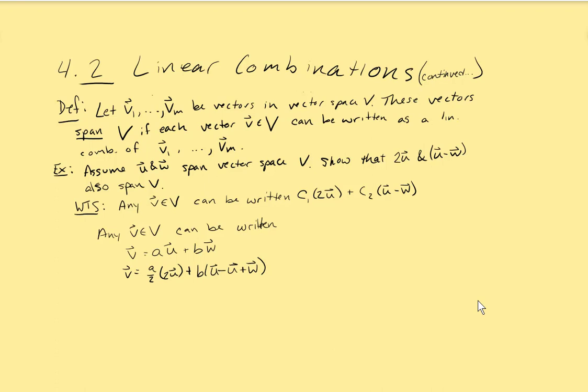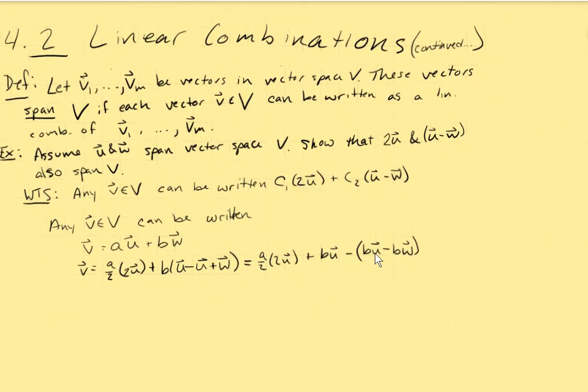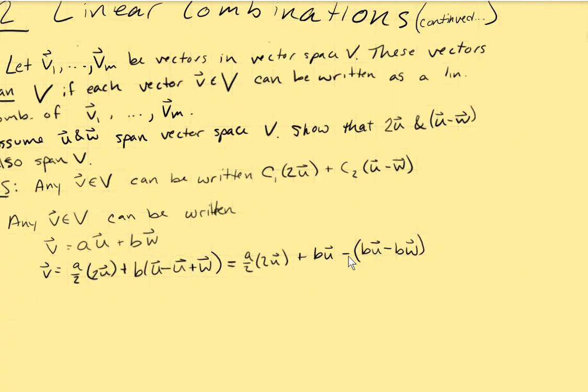So I'll rewrite this as a divided by 2 times 2u plus, I'm going to separate this out and write bu minus bw. And you can check that this works. If I look closely here, distributing the negative would make negative bu.